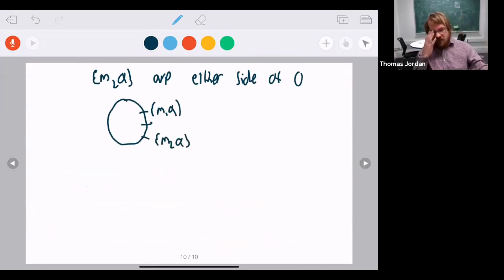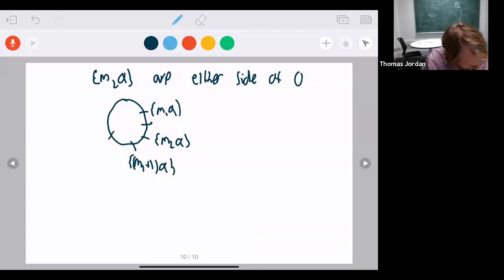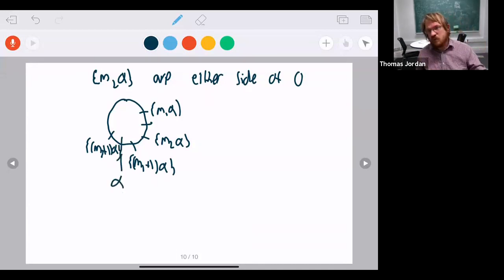So at the moment, they're neighbors, but then when we rotate by alpha, (M1 plus 1) alpha and (M2 plus 1) alpha, we now get the orbit value alpha comes between them and they're no longer neighbors.